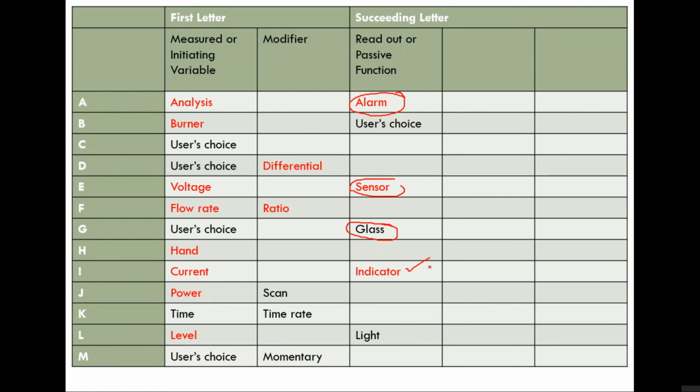Please note, if you are using an instrument to indicate and control the high value of differential pressure, what can we use? Since it is for differential pressure, we have to use PD.